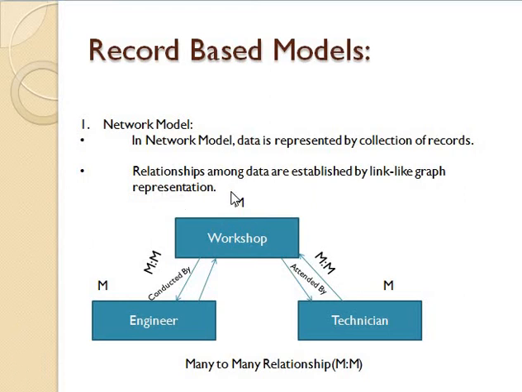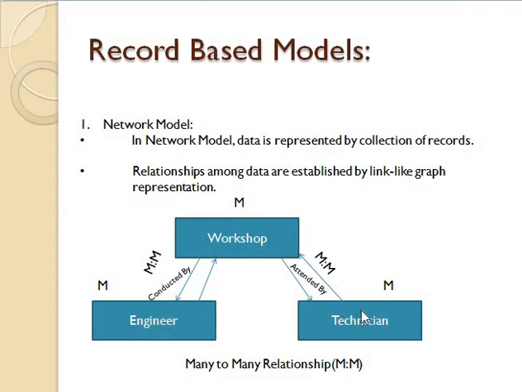So as there is many-to-many relationship between workshop and engineer, as well as between workshop and technician, now we can find how many workshops are being conducted by an engineer. We can also find the names of those workshops being conducted by an engineer.